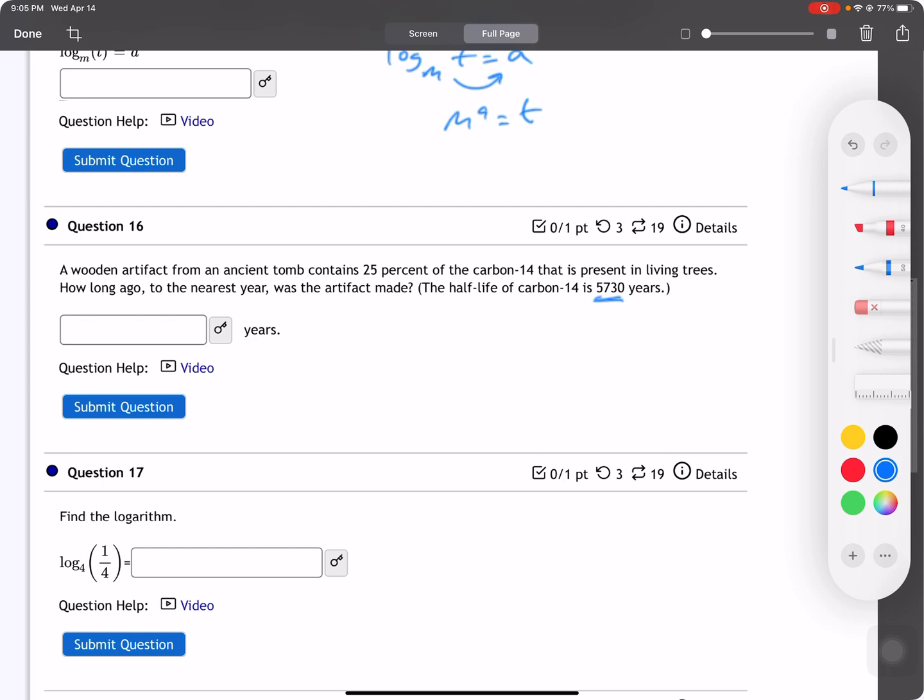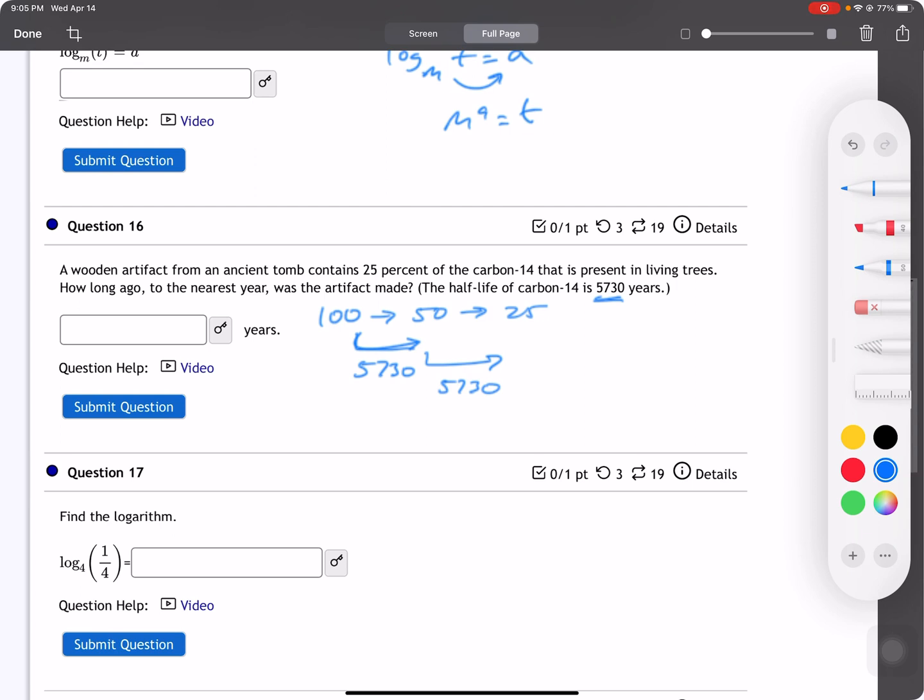A wooden artifact from an ancient tomb contains 25%. So when we're saying 25%, that means from 100%, after so many years we ended up with half of it, and then after so many years we ended up with half of that. So we went through one half-life period and then another half-life cycle. One way to do this the easy way, since it is a nice 25%, is to say, between getting from 100 to 50%, we waited 5,730 years. And then to get from 50 to 25, we waited another 5,730 years.